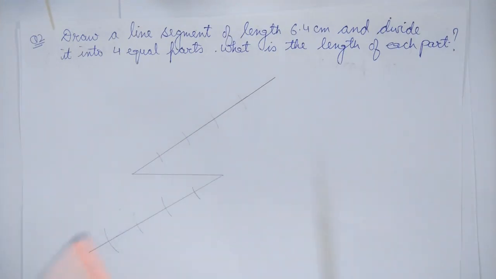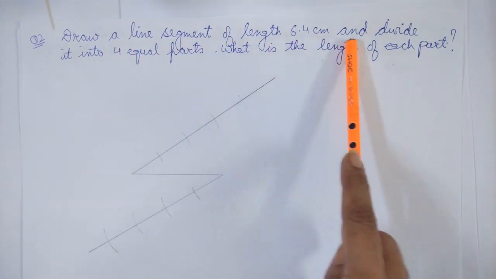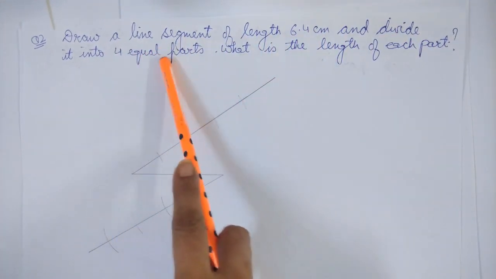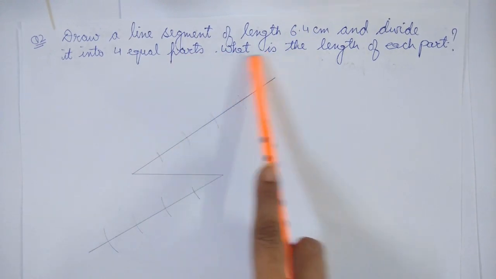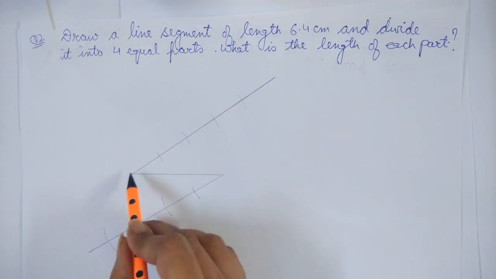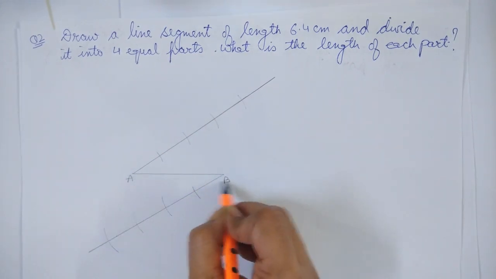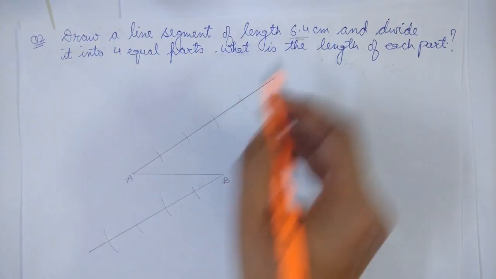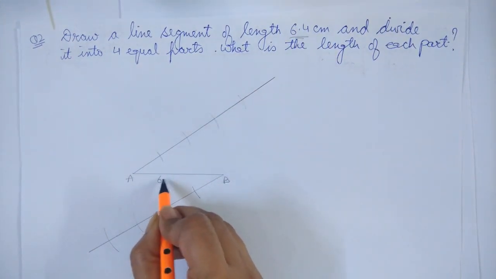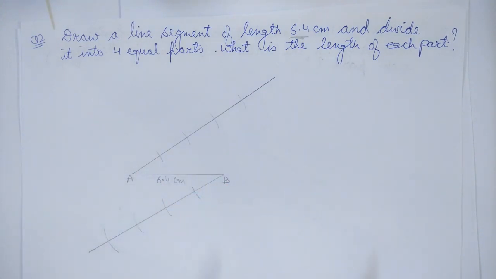Now question number 2. Question number 2 is, draw a line segment AB of 6.4 centimeter and divide it into 4 equal parts. Then what is the length of each part? So same procedure. First we will draw this line AB of 6.4 centimeter with the scale.